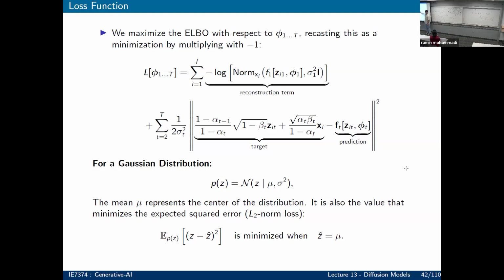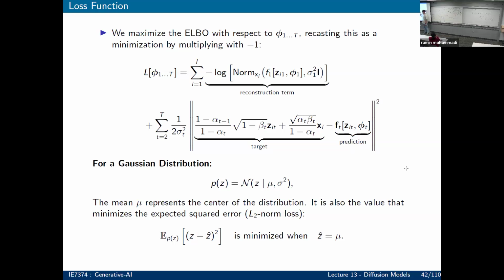So this equation, if you think about it, is a closed form. We can calculate it. We had this equation. I don't want to go slides back, but this was a closed form that for any time stamp, you can predict this mean given X and Z, right?